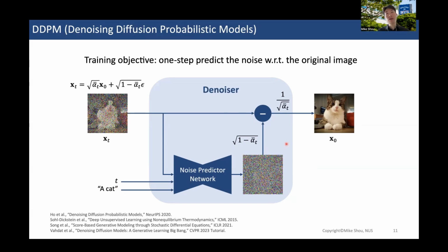We wanted to recover the original image as a cat, so we provided this textual description as the input, or as the condition, for the noise predictor network. But the important thing is that XT and X0, it's directly from T to 0. So it's a so-called one-step prediction. During training, we just directly try to remove the noise.